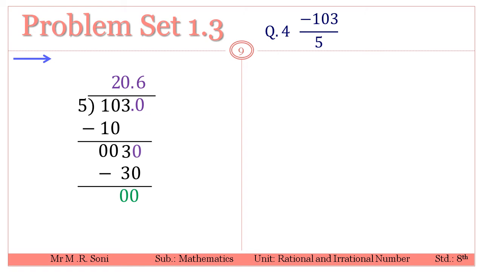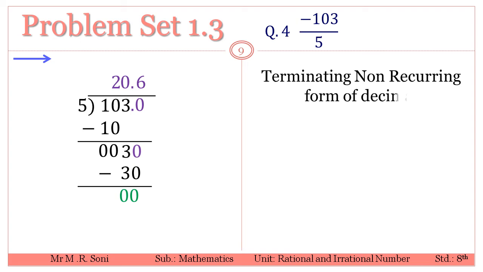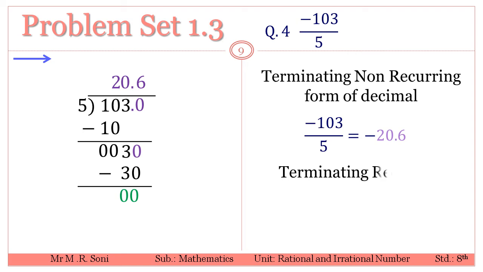Therefore, the terminating non-recurring decimal form of our answer is negative 20.6, and the recurring form of the decimal will be represented by adding extra zeros after 6 in our answer.